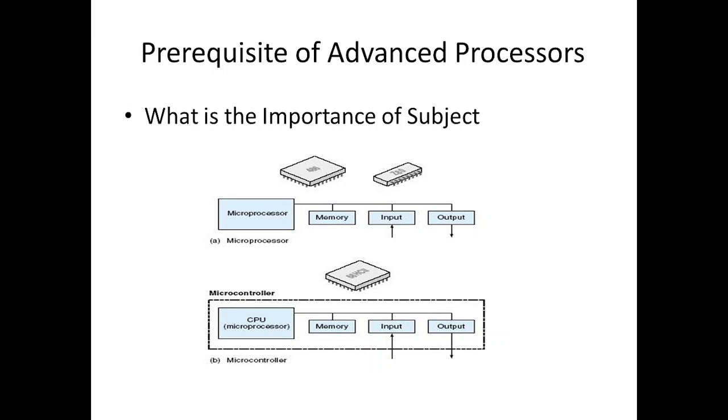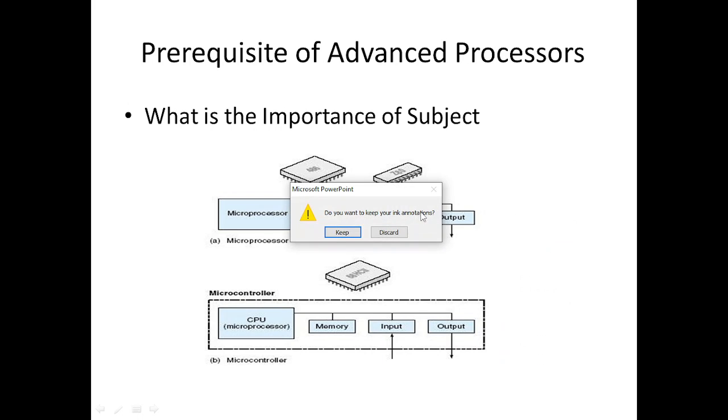So a lot of types of input are there, and after that we store some records, so for that we need memory. This is the diagram we observe for the CPU microprocessor, and under this microprocessor we have this microcontroller.